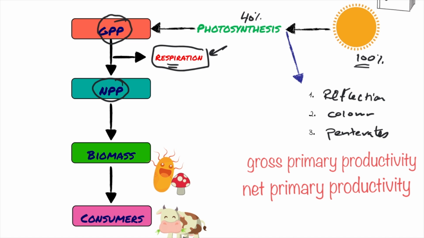Now, this NPP is like the starch or the cellulose that's been made by the plant and is available for organisms. It would be available for decomposers later on, and for the herbivores. So basically, all of the biomass that's been used by the plant to grow and to make materials that are edible by the herbivores or the decomposers is what we call the NPP.